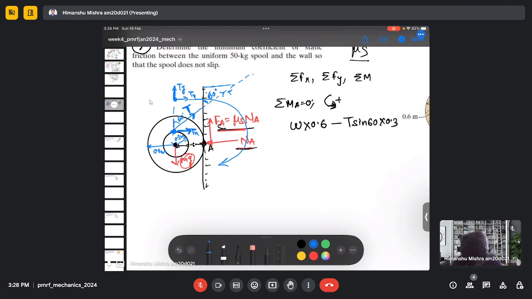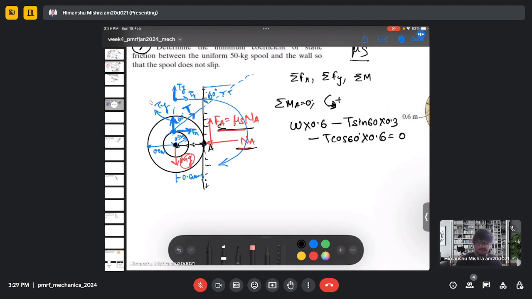Let's say it acts here. This is my Ty. We know the distance, which is 0.6 meter from point A. The Ty can be given as T cos 60 multiplied by 0.6 equal to 0.